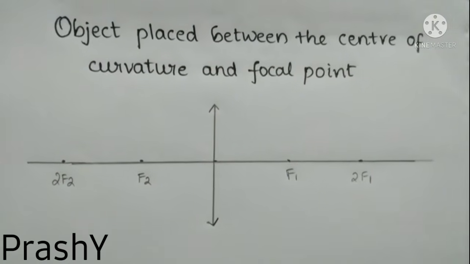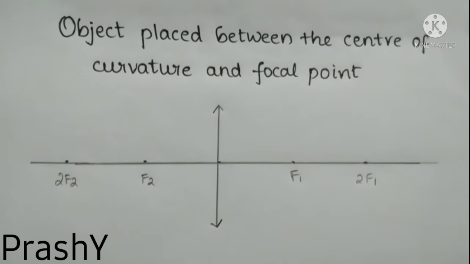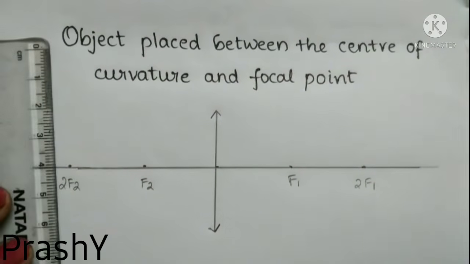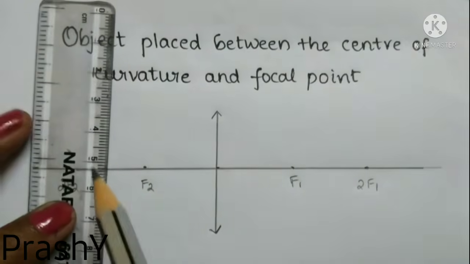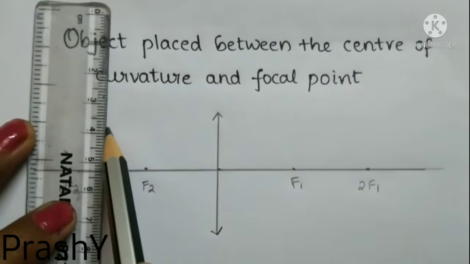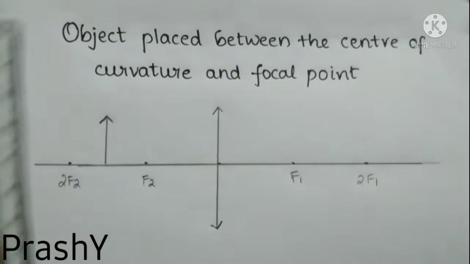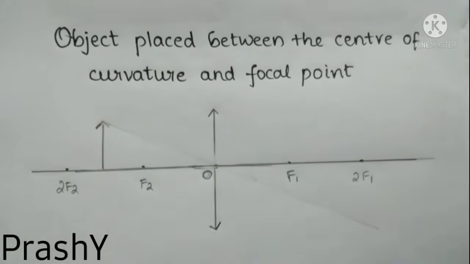So now let us trace the image for the object placed between center of curvature and focal point. So between center of curvature, that means 2F2 and F2, I am placing the object. So this is my object and this is my optic center.